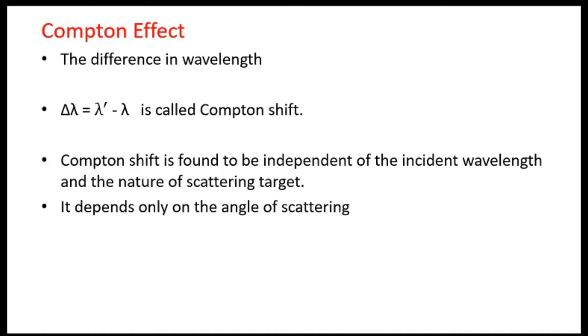And as I mentioned earlier, Compton shift was found to be dependent only on the angle of scattering, and independent of the incident wavelength and the nature of the scattering target material.